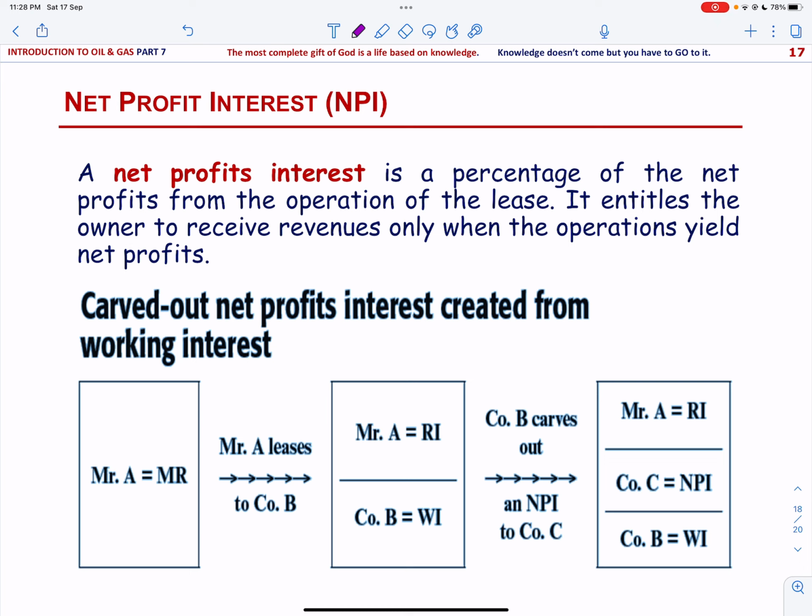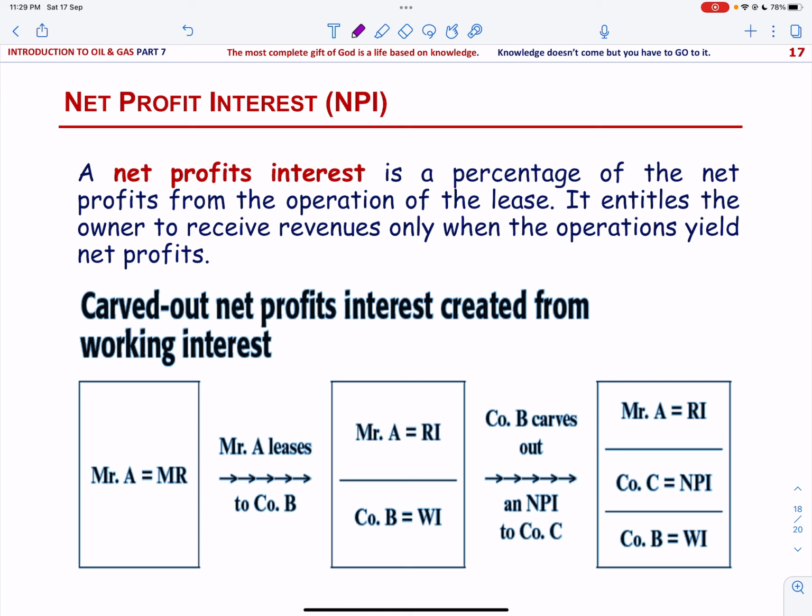So, net profit interest is a non working interest created on onshore property, typically from the working interest. The allowed deductions from gross revenues to calculate the net profit are usually specified in the lease agreement. The net profit interest owner is not responsible for any portion of losses incurred in property development and operations.